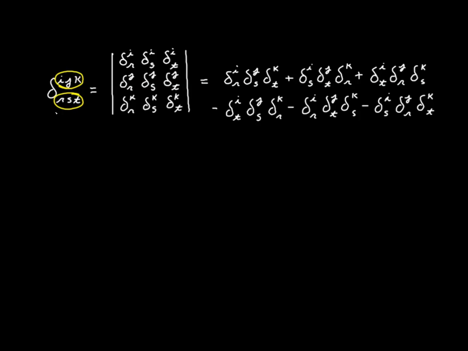Now, working in a three-dimensional space, which is what we're doing here, means that i, j, and k must be some permutation of the numbers 1, 2, and 3. Likewise, r, s, and t must be some permutation of the values 1, 2, and 3. So the only difference is how we rearrange these and what order we put them in.